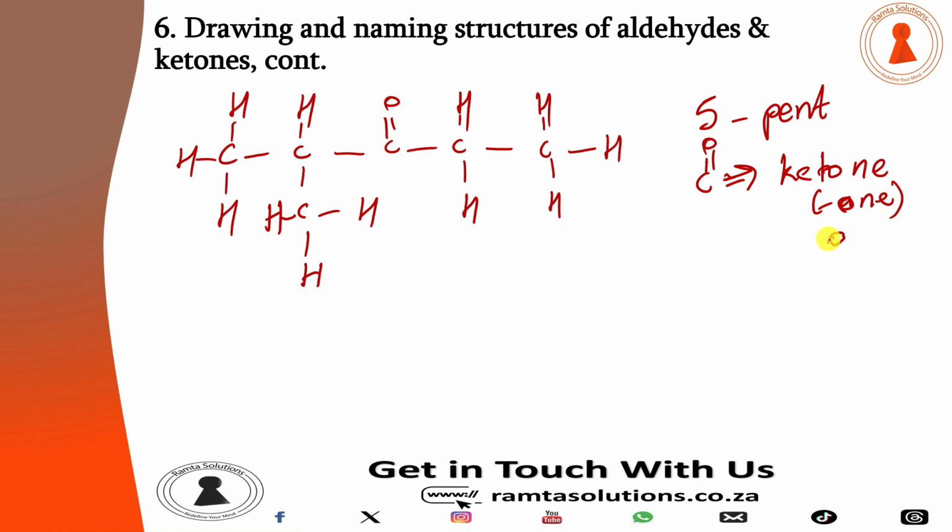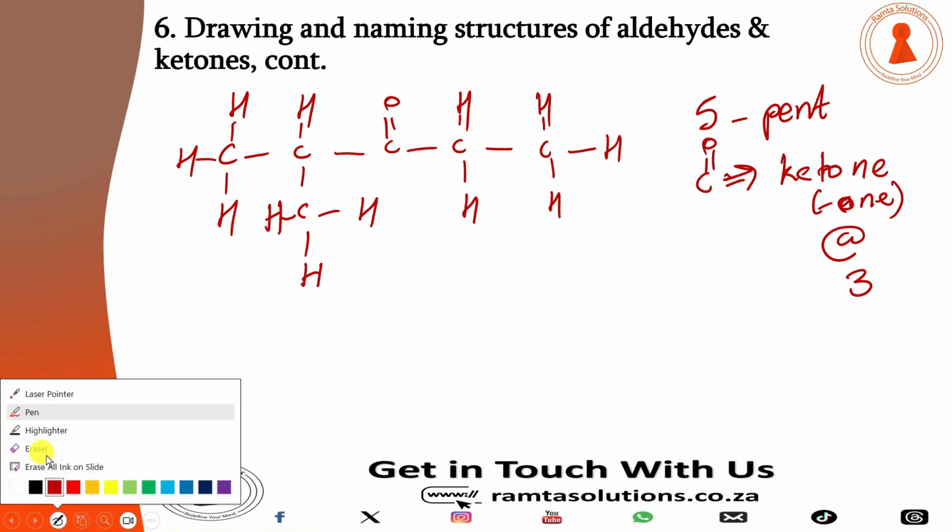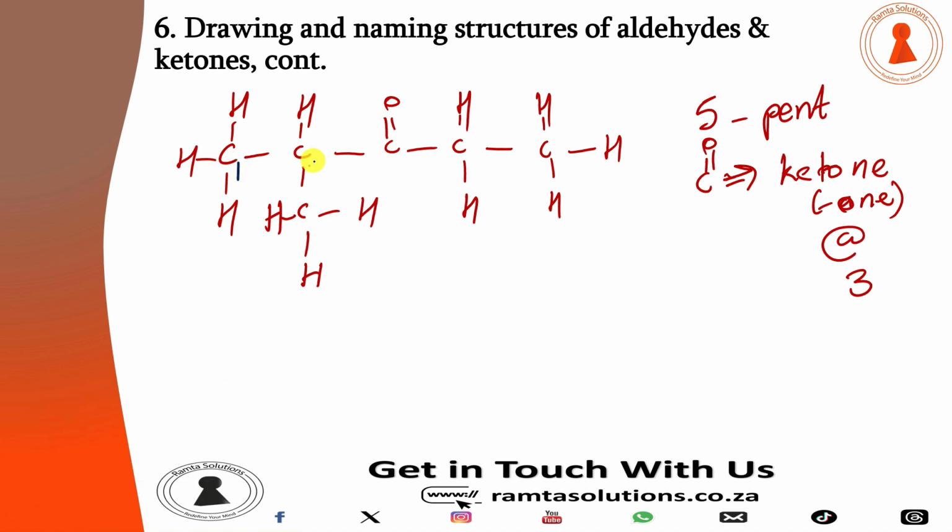But where is it? It is at carbon number 3, isn't it? And then a substituent, methyl. Why is it at carbon number 2? Remember, you can say carbon number 2 or carbon number 5, but you always want your substituents to have the lowest number. So we're going to start numbering from the left to the right.